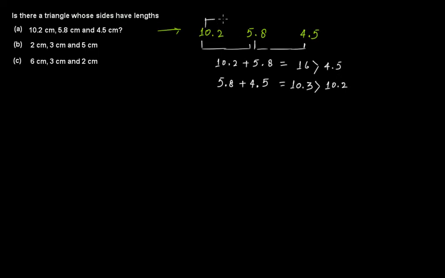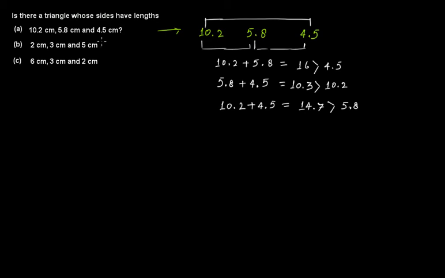Now take these two sides, 10.2 plus 4.5 equals 14.7, and yes, this is greater than 5.8. So yes, we can have a triangle of these three lengths.